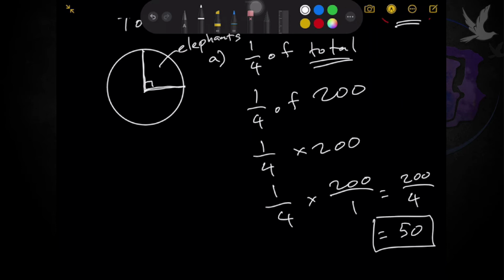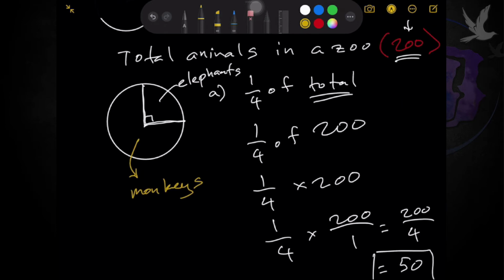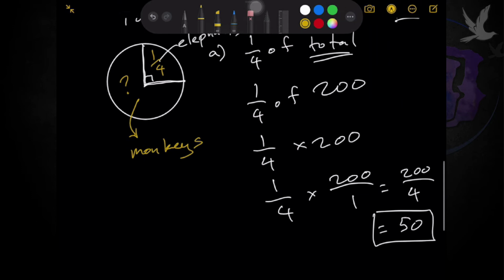And what if in that zoo, there are only two types of animals, and this part shows you the number of monkeys. Obvious na yan, ha? If this represents 1/4, what part of the fraction is this sa pie chart? Okay? Again, i-draw ko ulit yung circle. If this represents 1/4, what part of the fraction is this?